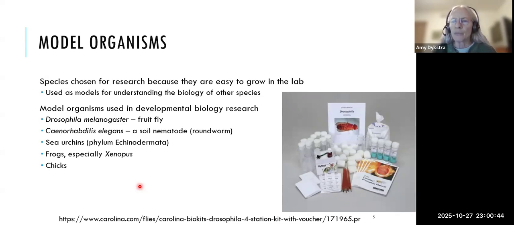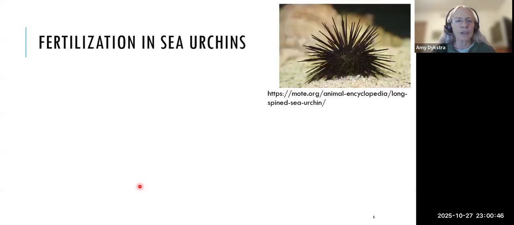So moving then into fertilization. And again, we'll study sea urchins. Here's a picture of a sea urchin, one type of sea urchin that I found. This came from the Moat Aquarium website. And so sea urchin eggs are laid in shallow seawater, and the eggs are covered with a jelly coat.